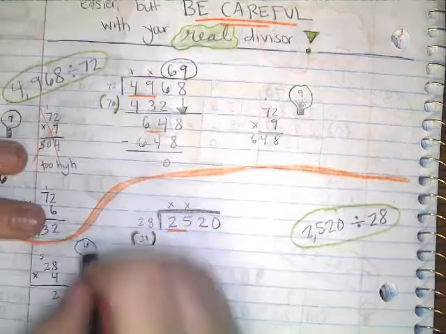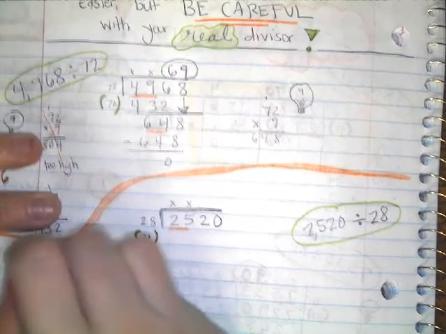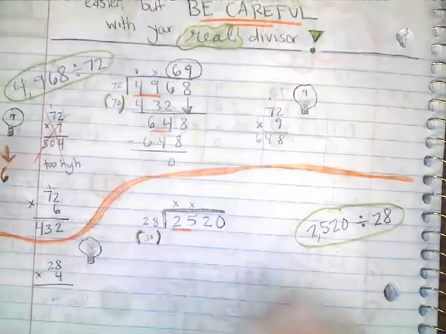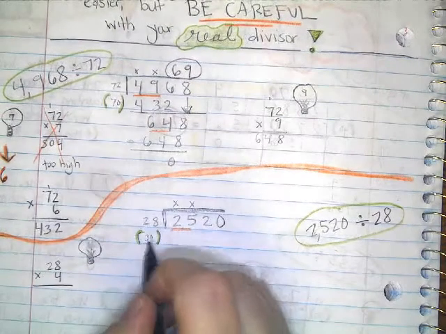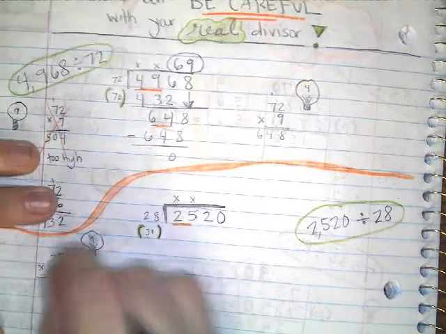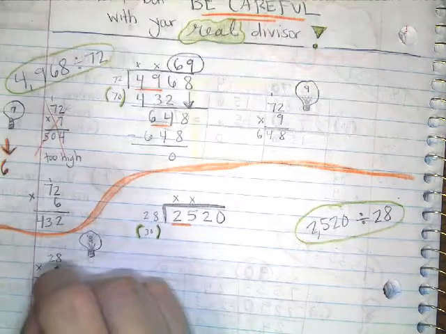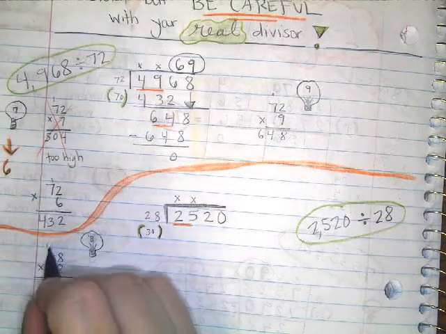It wasn't 4. I should have stopped myself earlier. 3 goes into 25 8 times. The light bulb number was supposed to be 8. So erase, because 3 goes into 25 8 times. Sorry about that. So we're trying 28 times 8.